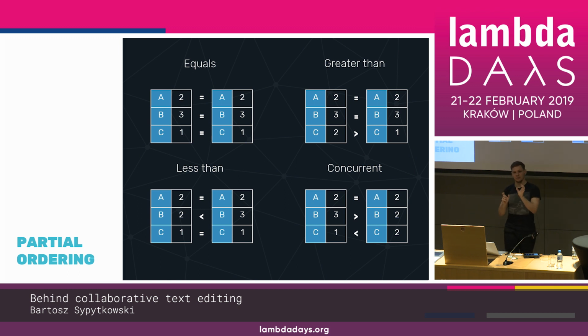If all of the numbers are greater than or equal, then we can say that the vector clock, for example, in this case on the left, is greater than the one on the right. If all of the corresponding entries are less than or equal, then the entire clock is less than its counterpart. And when we have a mix of less and greater, it means that we've detected a concurrent operation.